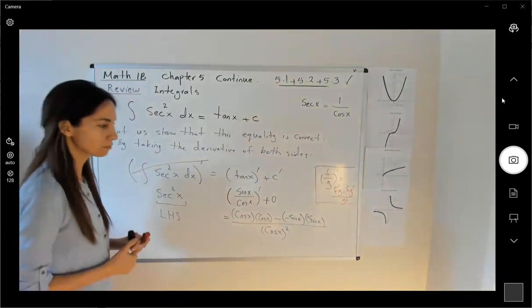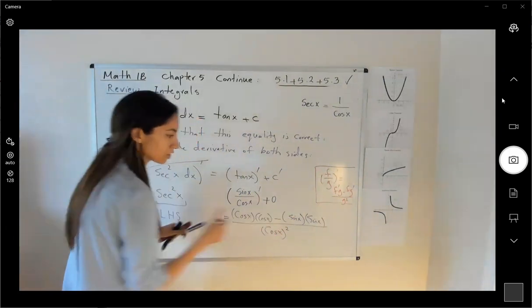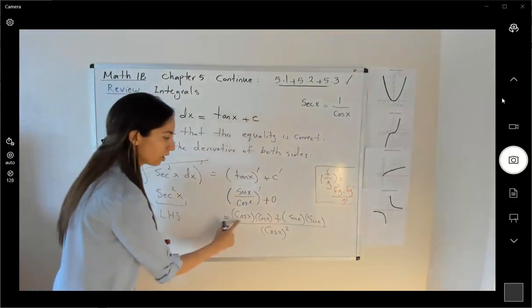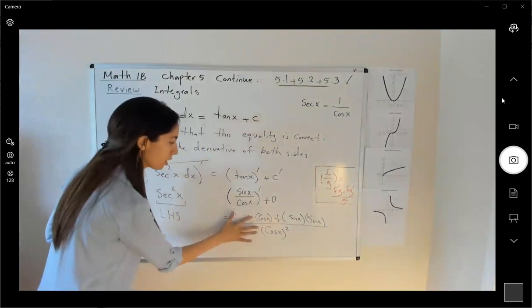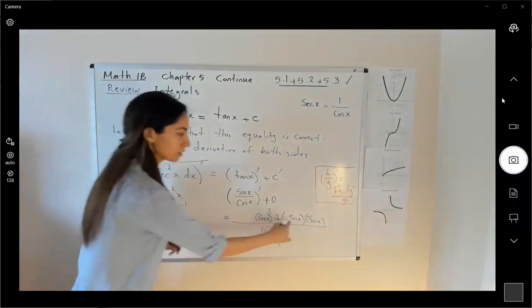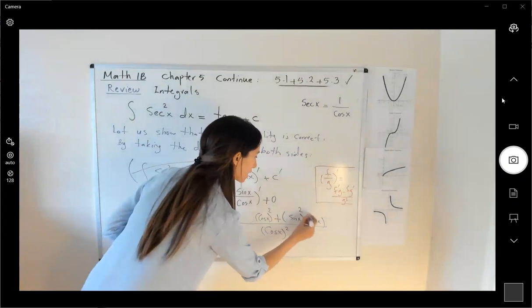Very well. On the numerator, you have minus, which is now plus. Cosine x times cosine x is going to be cosine x squared. Sine x times sine x is going to be sine x squared.